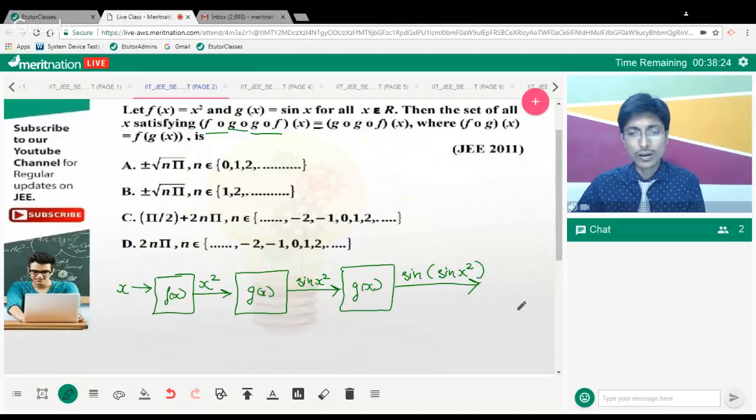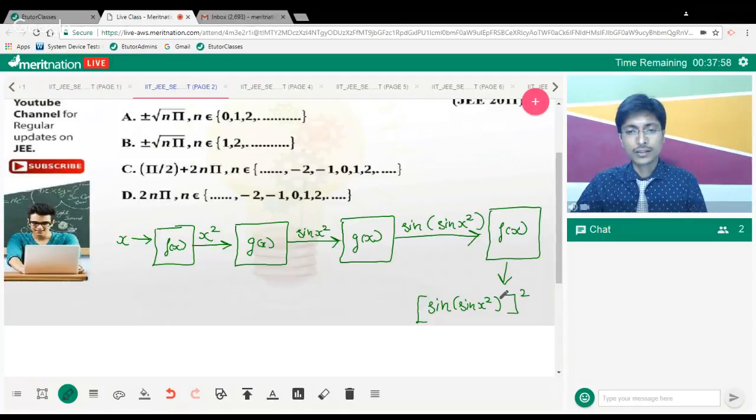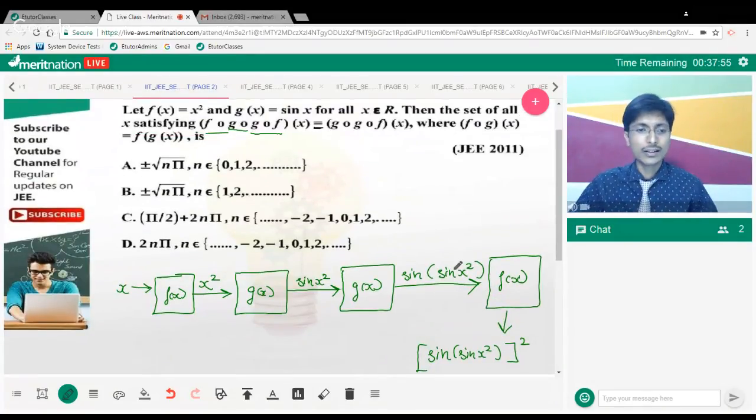So this will go as the input in f, and f just squares whatever comes as the input. So it will become sine of sine x square, and we will square this entire quantity. Guys, if we do it step by step, we eliminate the chance of making any mistake, plus the question becomes really easy.